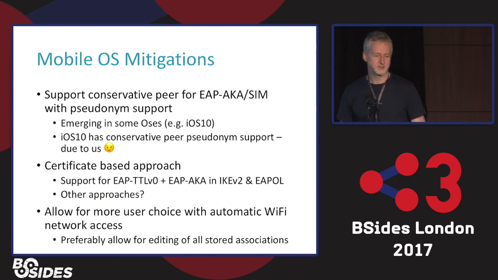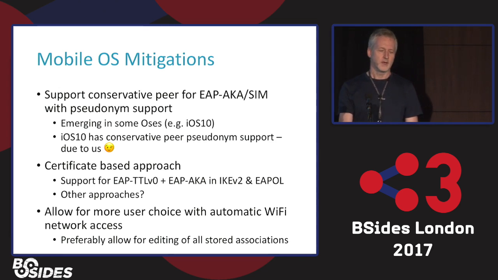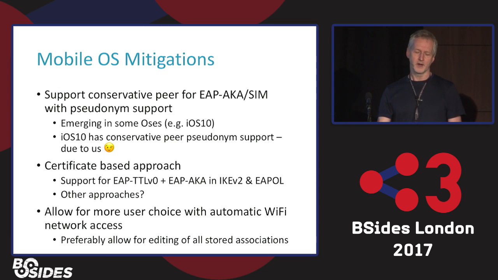So, mobile OS mitigations. We need to support this conservative peer mode, which is emerging in some OSs, and as I mentioned, iOS 10 does have conservative peer, which was developed as a result of us reporting these issues to Apple, and that will provide definitely a better measure of protection.